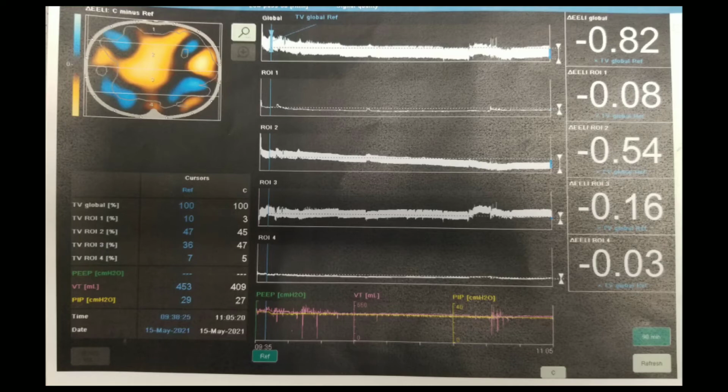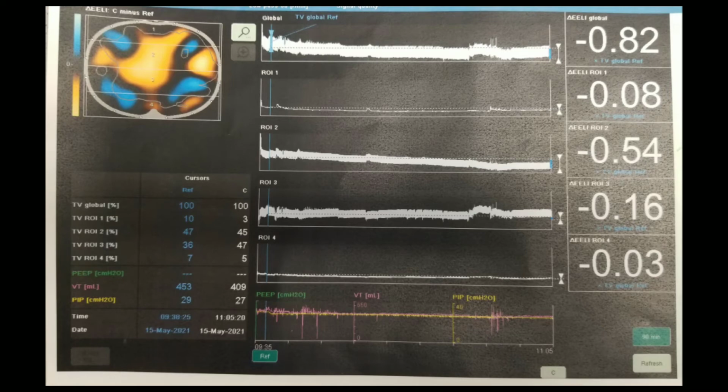So we see the majority of the loss is actually in region of interest 2, which is the mid-ventral. And if we look at the top left of our screen, where it's the change in electrical impedance, the end expiratory lung impedance, when we compare the control to the reference, we see that the majority of that loss is in the orange area in the center.